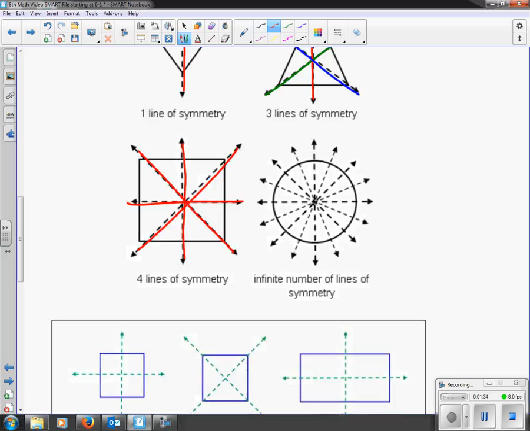A perfect circle, not something oblong like an oval, has an infinite number of symmetry lines. Infinite means every single line. I could keep adding lines and adding lines, and if you fold the circle over on itself, it would match.